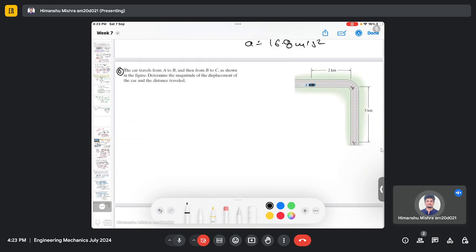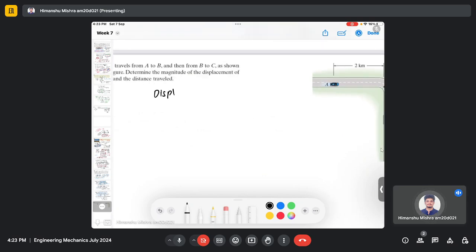This problem is related to a very simple concept: how to differentiate between the position vector and the distance, or how to differentiate between the displacement, which is a vector quantity and could be a position vector, and the distance, which is a scalar quantity.